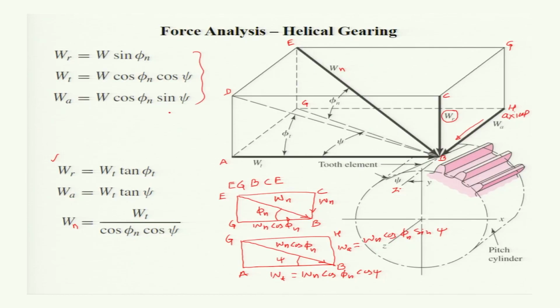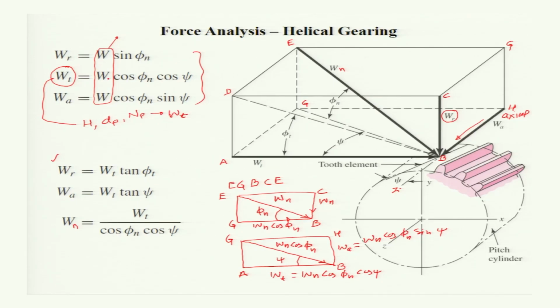Now, in this equation, Wn is unknown, and the term Wt is known because the power which you want to transmit and the pinion diameter is dp, and the RPM of the pinion is np. So, from that we get the value of Wt, the transmitted load.